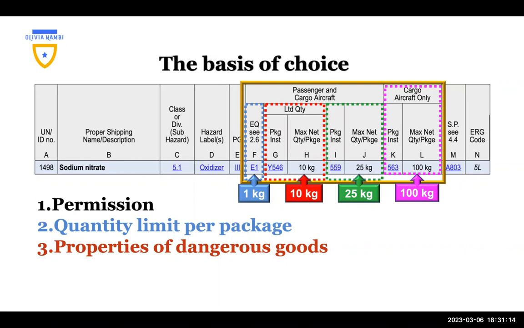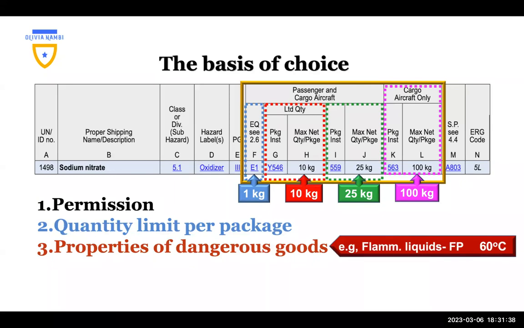So it's very important for you to go and read the definitions and the properties so that you familiarize yourself with the ranges which make an article or substance to fall within that specific class. For example, we have several aspects to consider if we want to know whether a liquid is flammable or not.